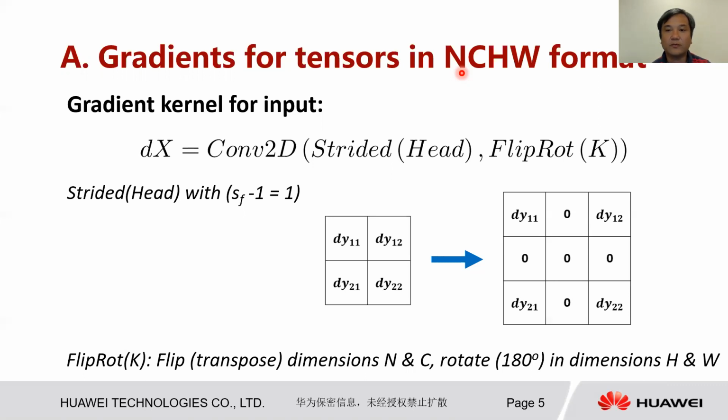The flip-rotation of an NCHW tensor means that we flip, or transpose, the dimensions n and c, and we rotate the data in the dimensions h and w by 180 degrees.